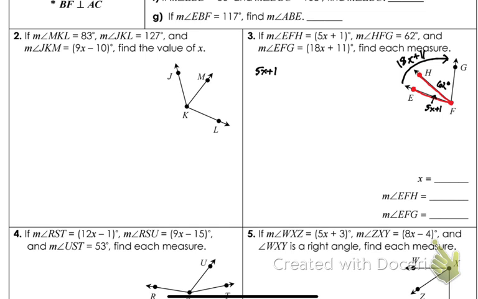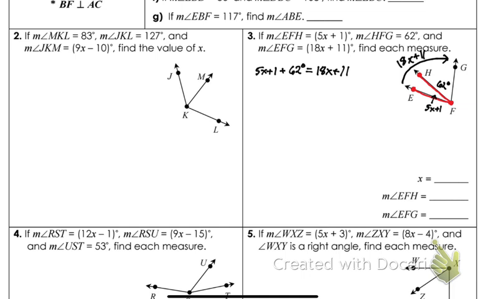That is that 62 degree one. Plus 62 degrees is going to equal our total, 18x plus 11. You never know where the number is going to go, or maybe they'll all have x's in it. You just have to remember it's angle plus angle equals our total angle.